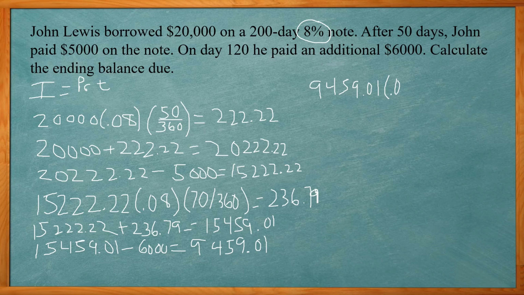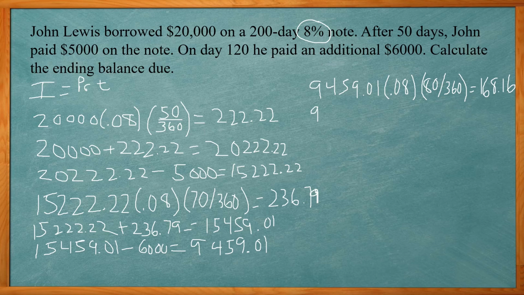times our interest rate times our time. That was 80 days over 360. And that comes out to 168 and 16 cents.